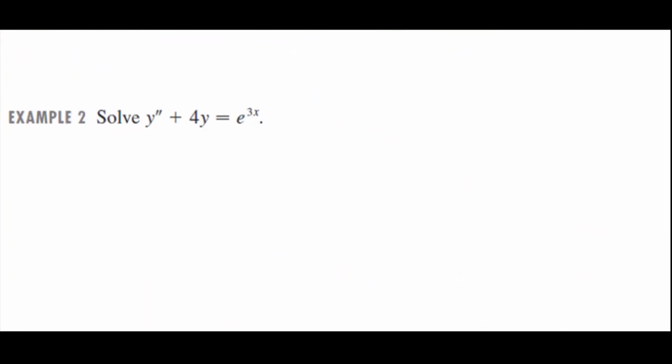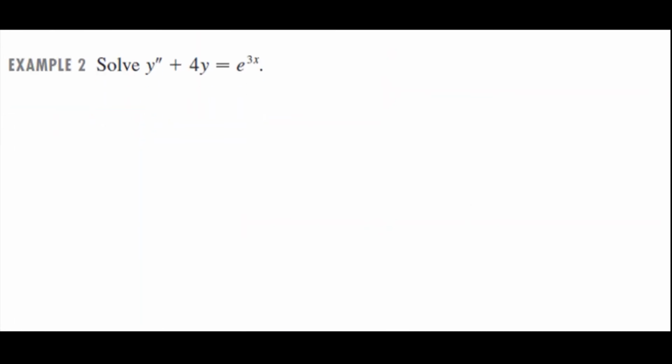Now we have an exponential. Let's see how this one works out. First thing we do, of course, is y double prime plus 4y is equal to 0, right? Could we just skip writing and try e to the rx? If you plug it in, this one will give you r squared e to the rx, and then this one is 4 e to the rx, equal to 0.